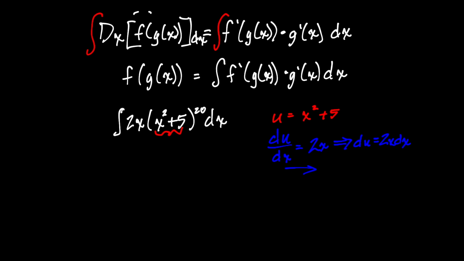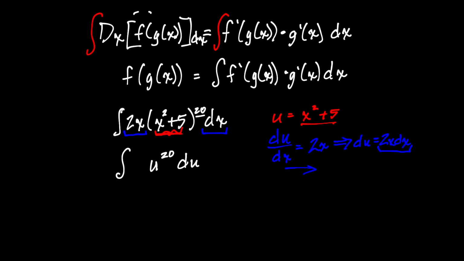So, going back to substituting here, I have u, I've already marked that here, and I have a du. So du is equal to 2x dx. And here's a 2x, and here's a dx. So I can rewrite this now. I could say that is u to the 20th power du.